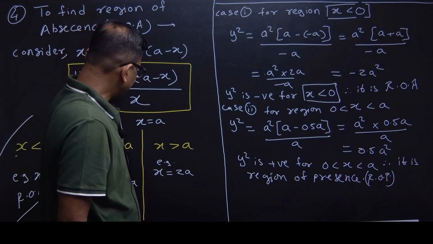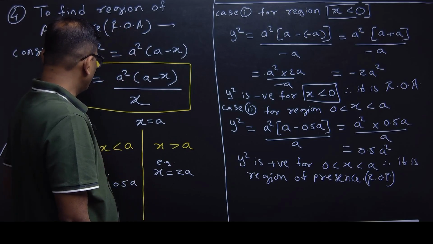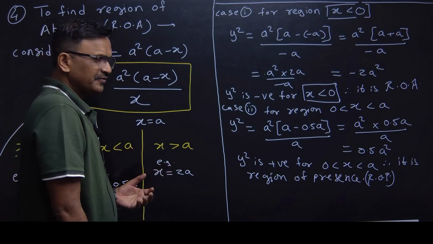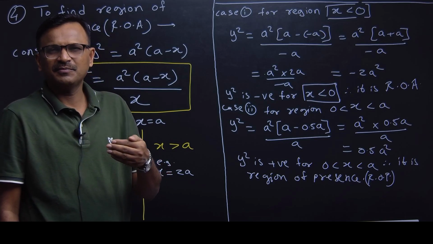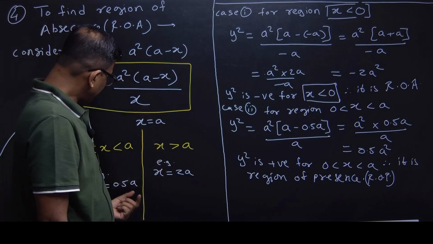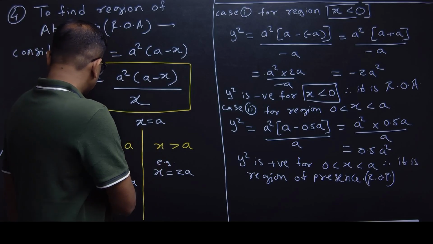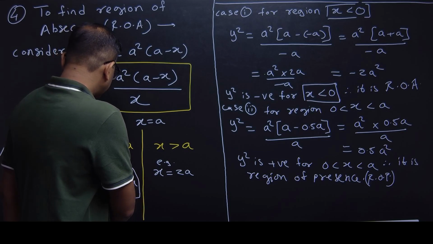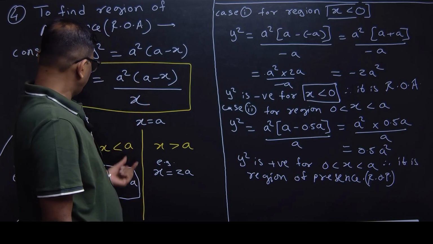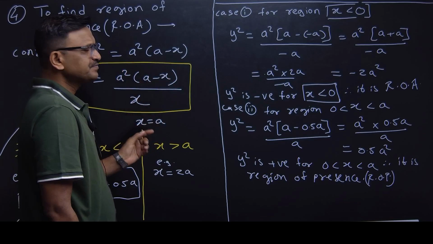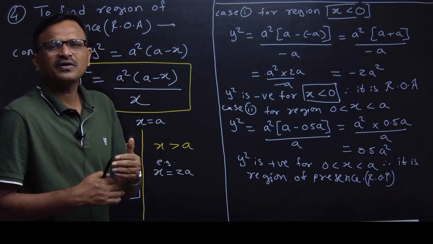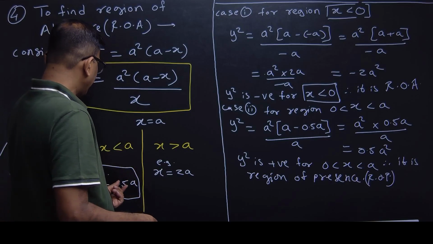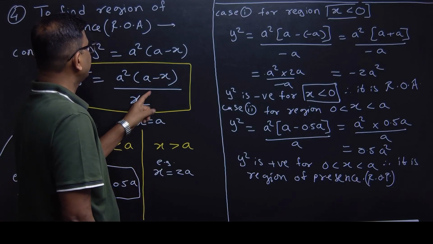Similarly, if you consider case 2, for the region 0 to a, x lying between 0 to a, we can have values of x like 0.1a, 0.2a, 0.3a. I have chosen some simple value like x is 0.5a. With this value, we want to check whether, if you put x is 0.5a in this equation, it becomes positive or negative.